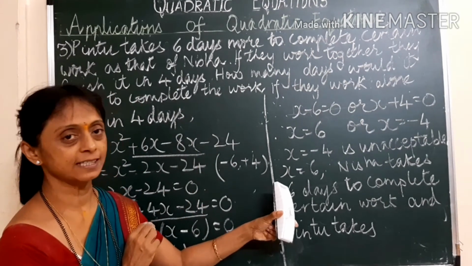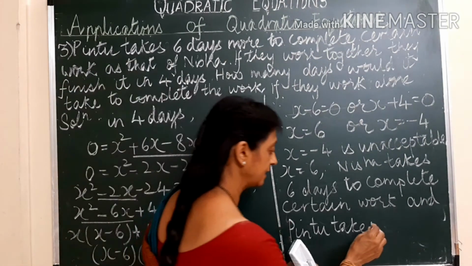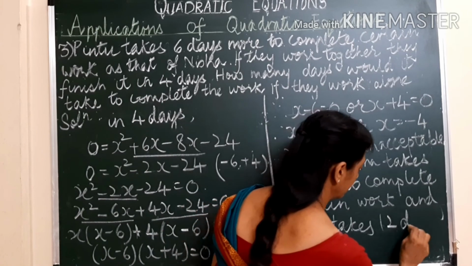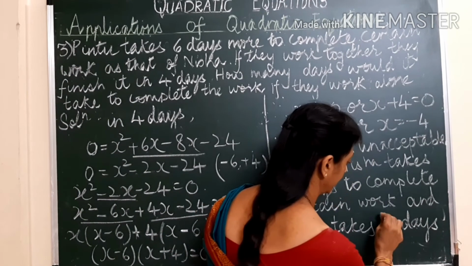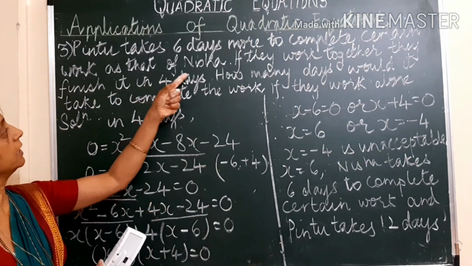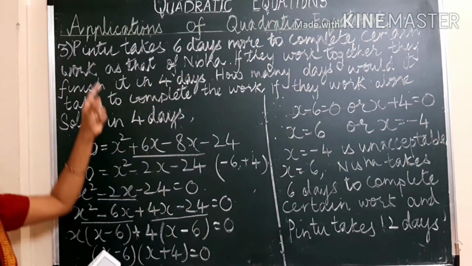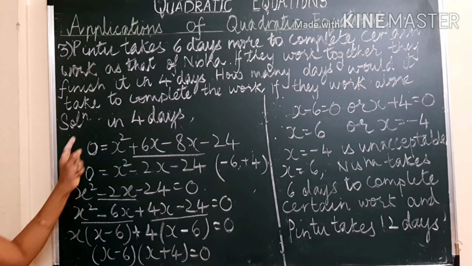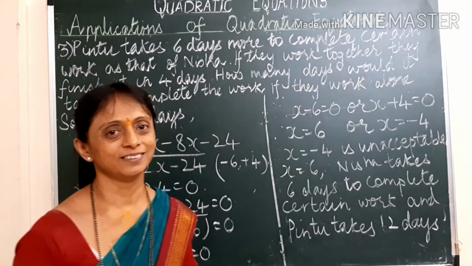So that is 6 plus 6. That is 12 days. So you are done with it, children. You have got the answer. How many days does Nisha take and how many days does Pintu take if they work alone?